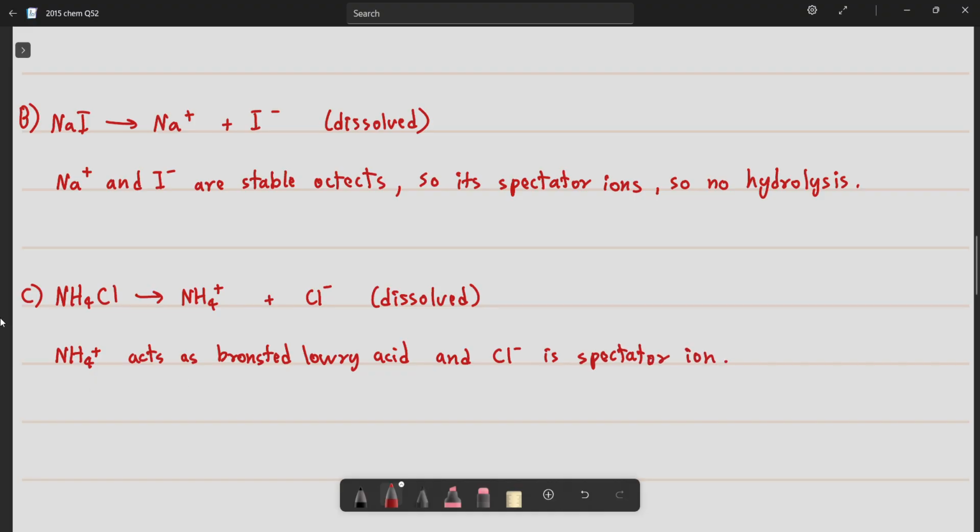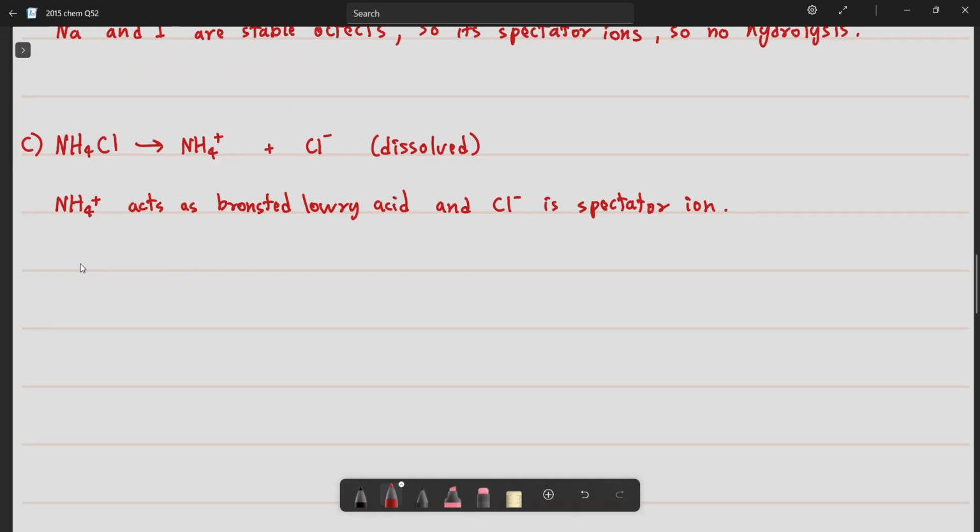Okay, so now we're going to focus on the ammonium ion. The ammonium ion undergoes hydrolysis. So ammonium ion plus water forms ammonia and hydronium ion. We know this hydronium ion is an acid.